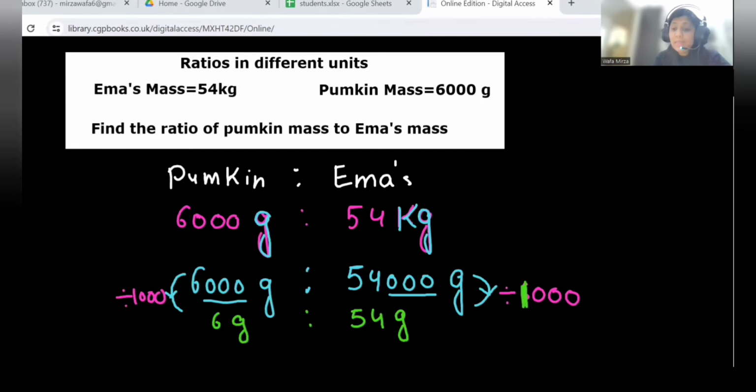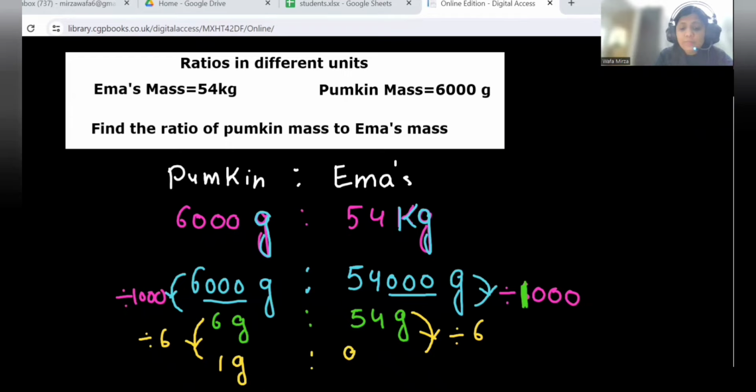Now, the ratio is still not in simplest form. 6 and 54 both come in the table of 6. So I can say that both are divisible by 6. So divide by 6 on the left side, divide by 6 on the right side. 6 divided by 6 will be 1 gram. 54 divided by 6 will be 9 grams.